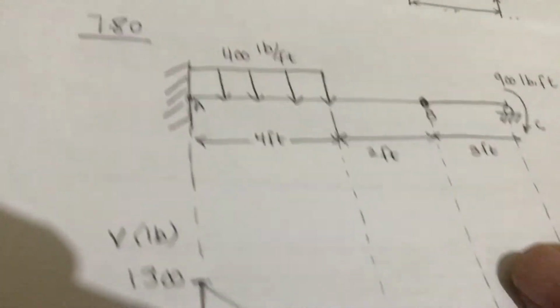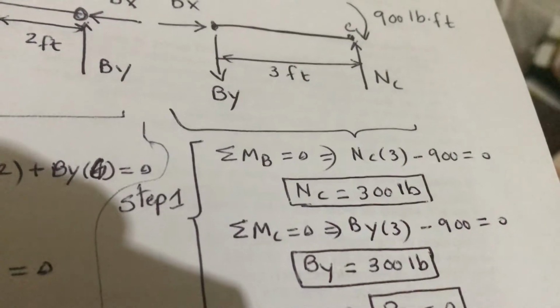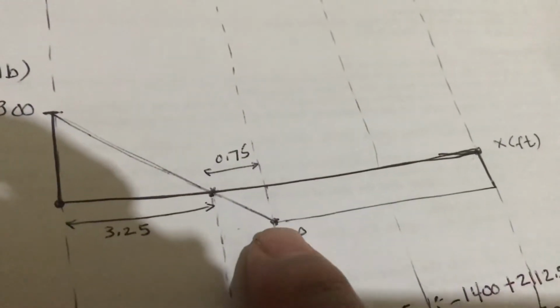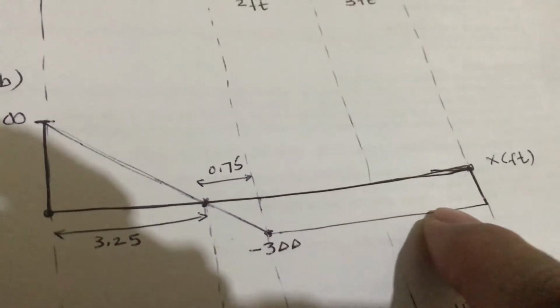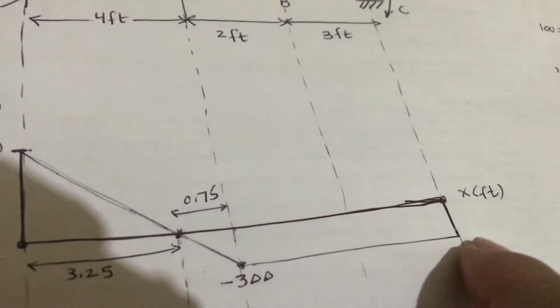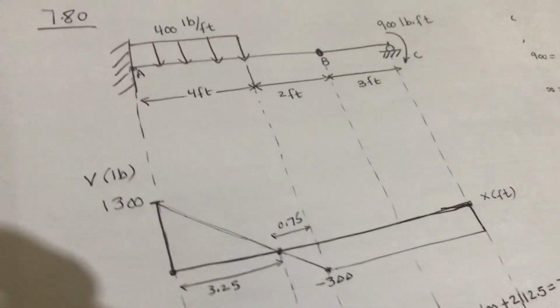Let's go at point C. Normal C, 300 pounds. So it's going to go up 300 pounds. If this is minus 300, you're going to go all the way straight, and then here you're going to go up 300. So minus 300 plus 300 goes to 0. So this is the shear diagram for this beam.